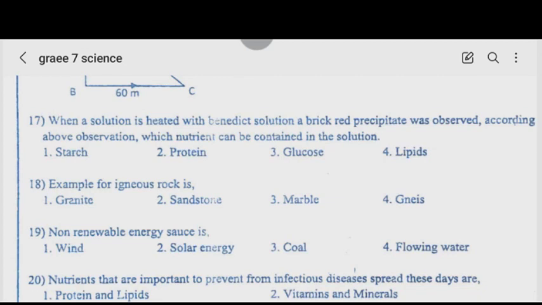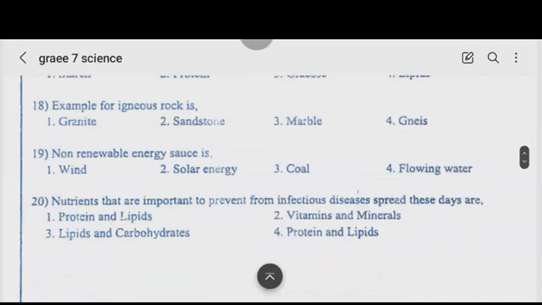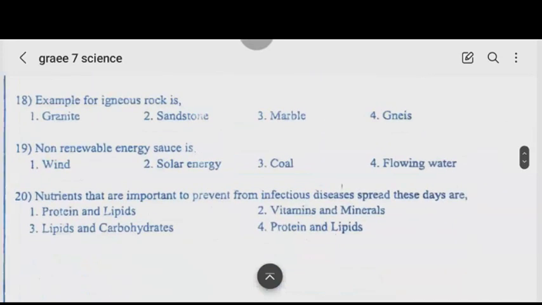Just take coal. We cannot have coal like those things. Coal is very limited. So coal is considered a non-renewable energy source. So for the 19th question, the answer is number 3, coal.